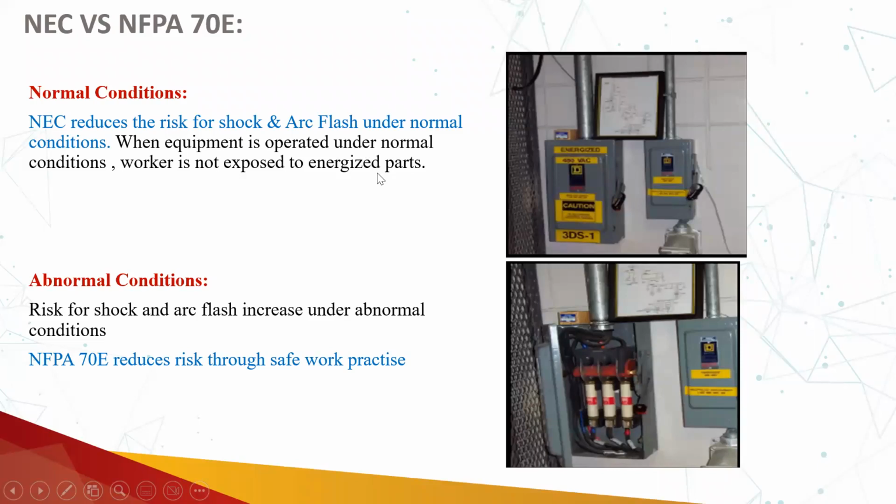Then I have to follow the practices given in NFPA 70E. On the other hand, if I'm opening it to check what the issues with it are, then it is directly a responsibility coming under NFPA 70E. Yes, am I able to clarify this concept between 70E and NEC? Yes, sir. Any other issues?